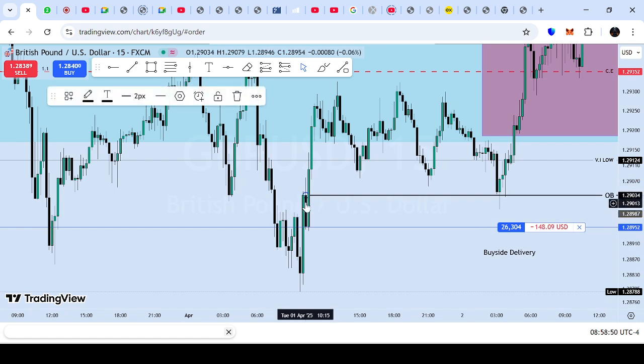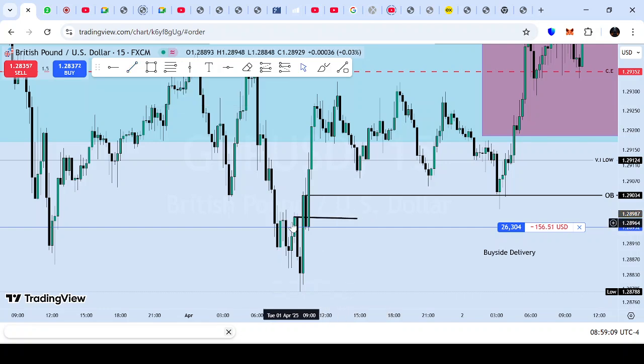Every last close candle after a change in the state of delivery, a breaker, the last up close candle, the bullish up close candle, before you break above it and close.